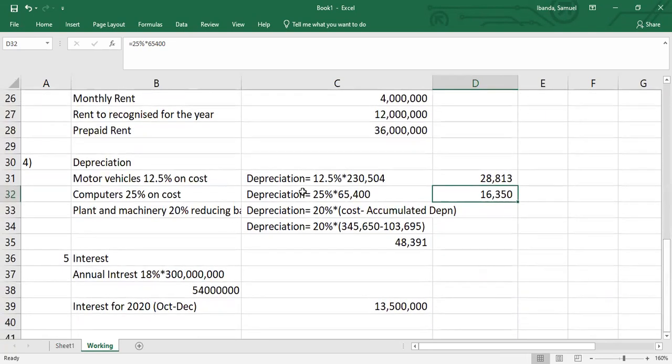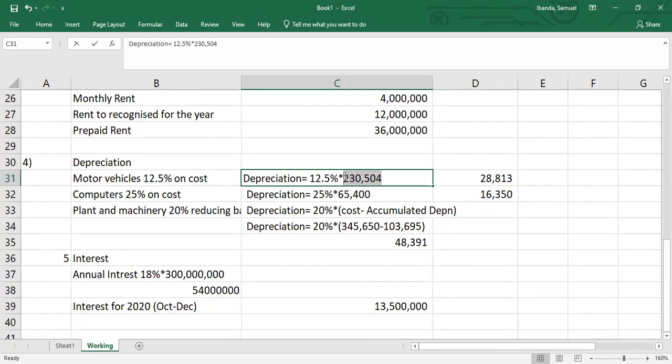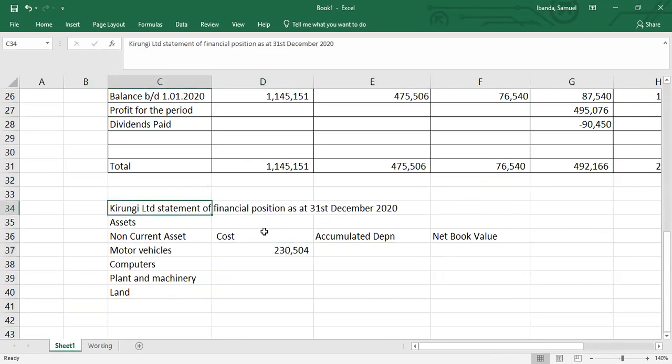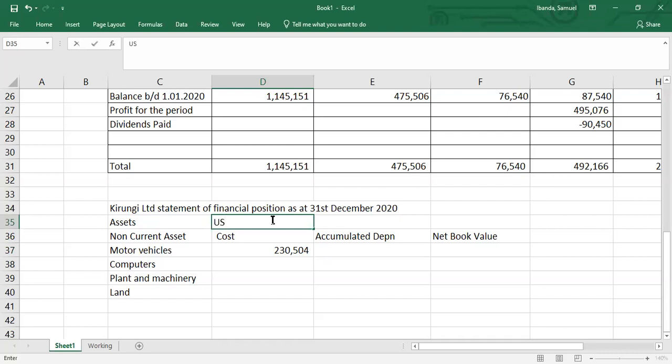Remember, I was trying to calculate. Okay, this is the cost of the motor vehicle. So I'll come and record it here. And that also reminds me of putting the degree of precision, USD, with 3 zeros.